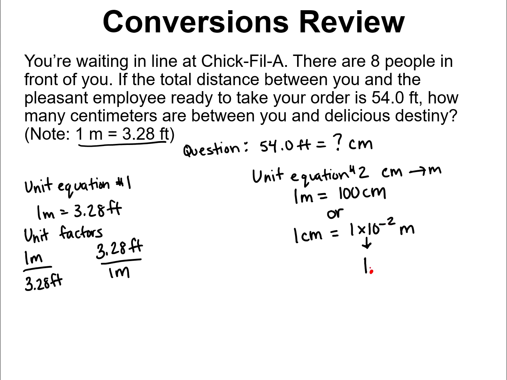I would move the decimal point 2 places to the left, 1, 2, and place it here. So my actual number would be 0.01 meters. It's the same thing. Does that help?